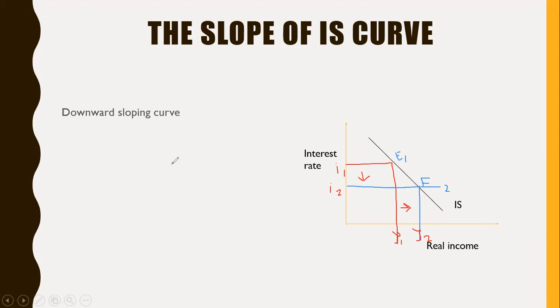How did this happen? The interest rate falls when investment rises, right? So aggregate demand rises, and finally it has resulted in a rise in real income.